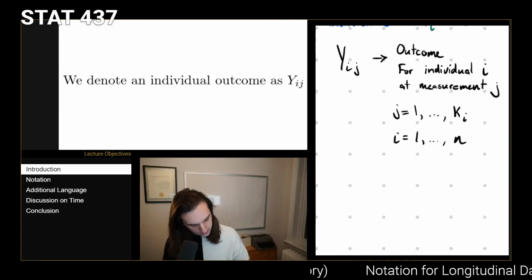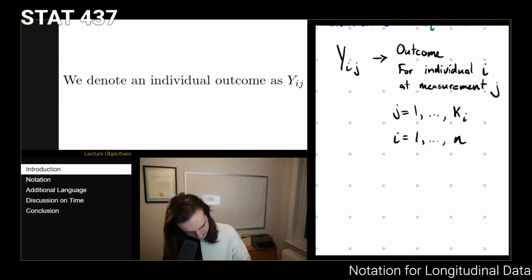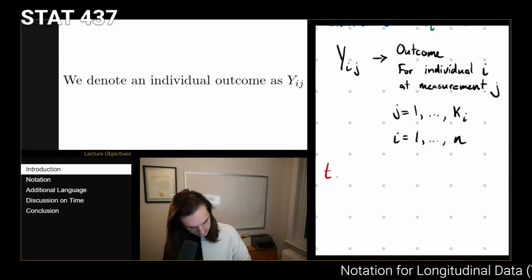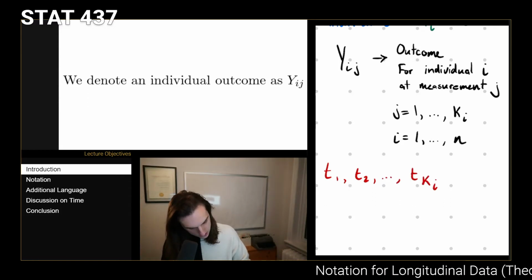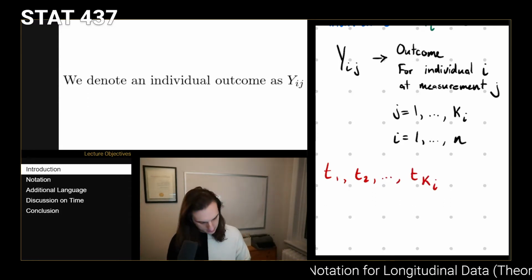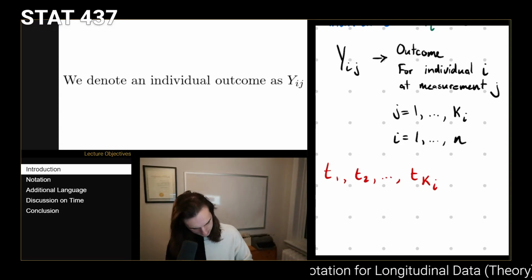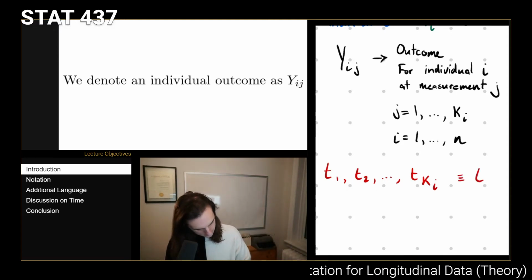So we're assuming implicitly with this notation that we take measurements at some set of times, say t1, t2, up to t_ki, and then we just associate each measurement with the t_j observations.